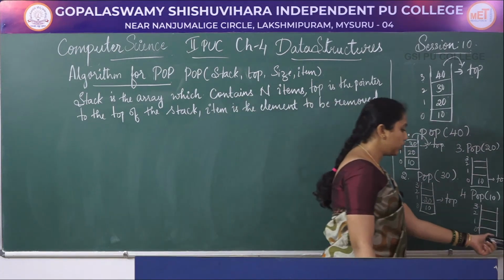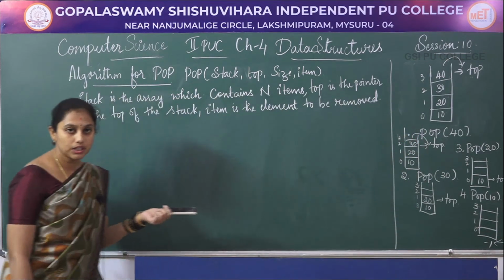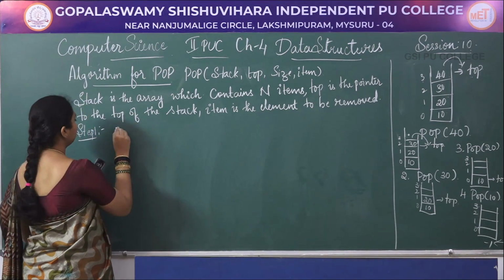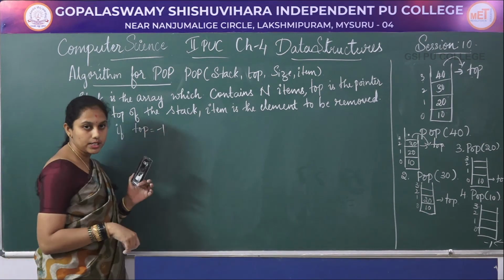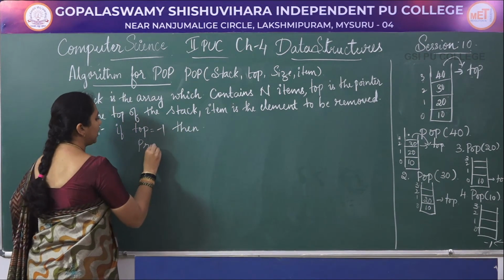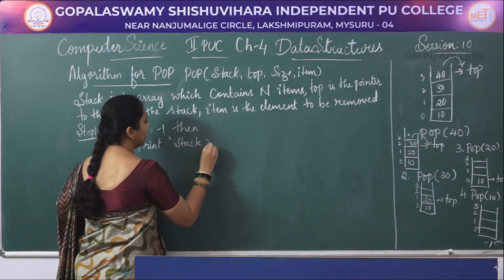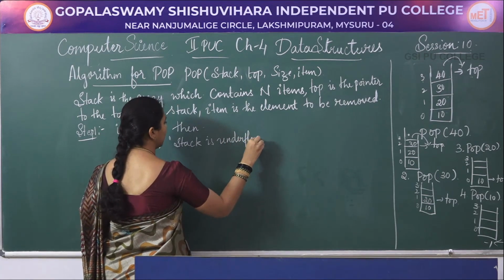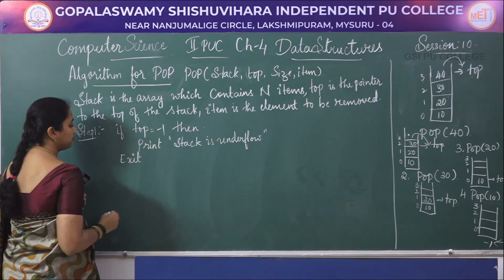So if the condition of top is -1, we cannot remove any item from the stack. So the first step is step 1. If top is equal to -1, then we have to print it as stack is underflow. We cannot remove any item.